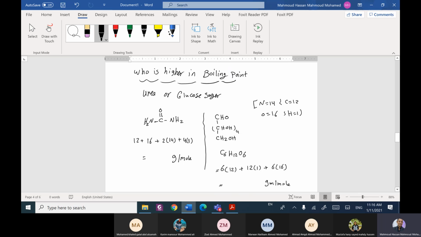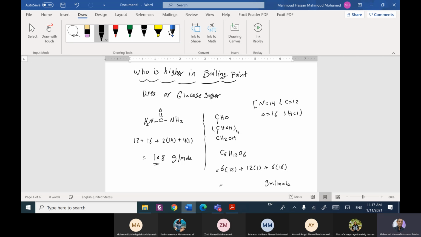So the molar mass of the first one, it will be, Bismillah, let's calculate it. 180. What does it equal? 108 for the urea.